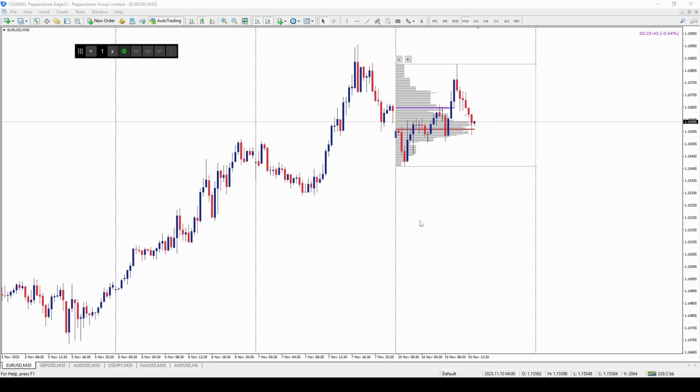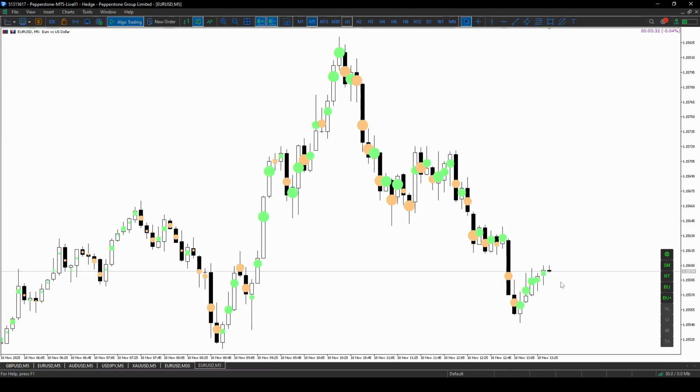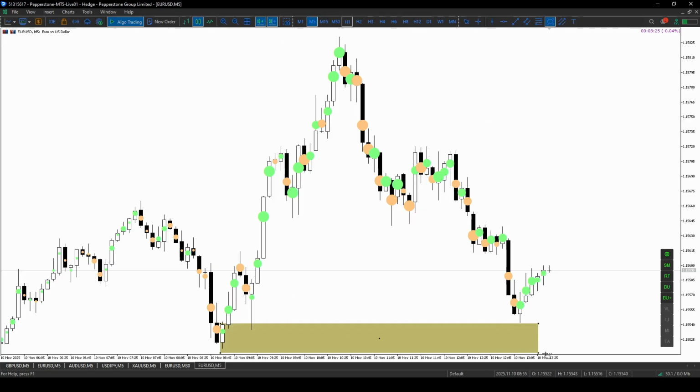So when I find that, I will go for long. So here we can see small trades. You can see, right?